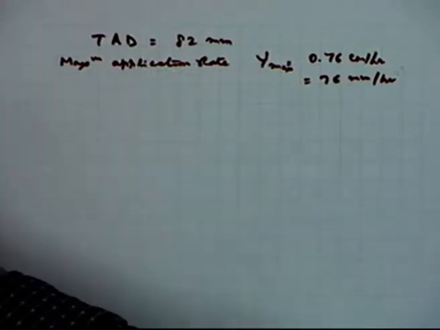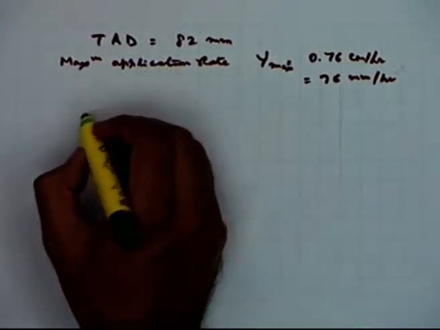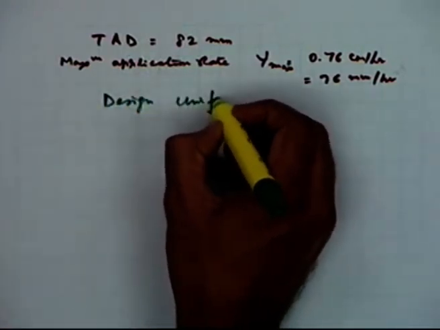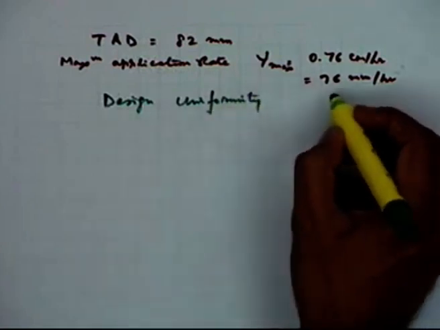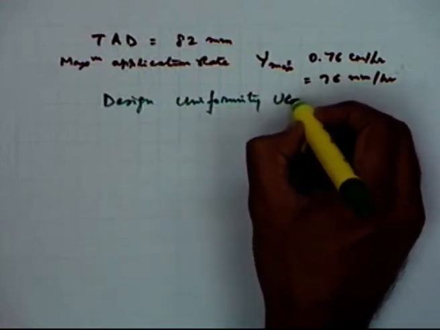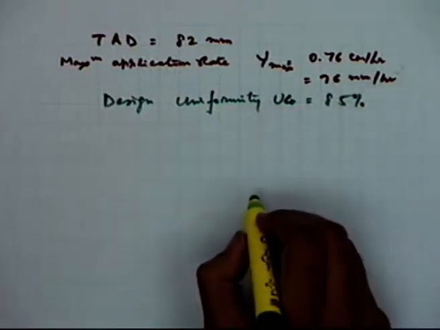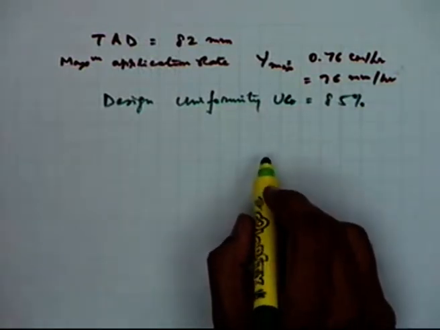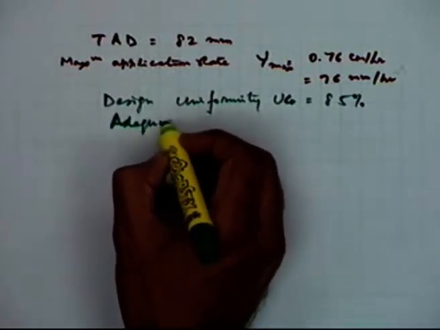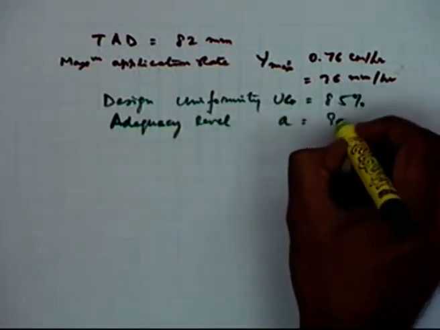Then along with this, you have the design constraints. The design uniformity which is desirable is 85%, and the adequacy level is 90%.